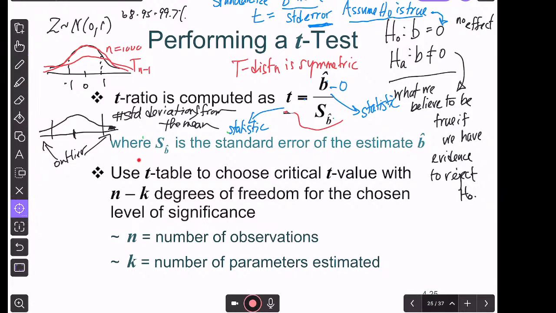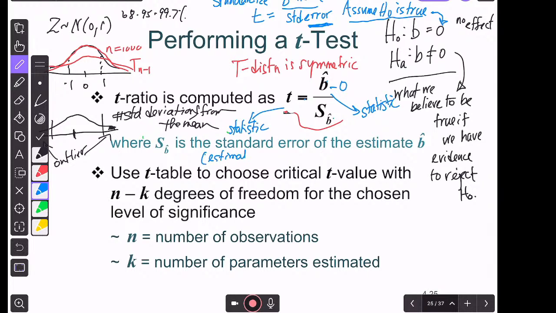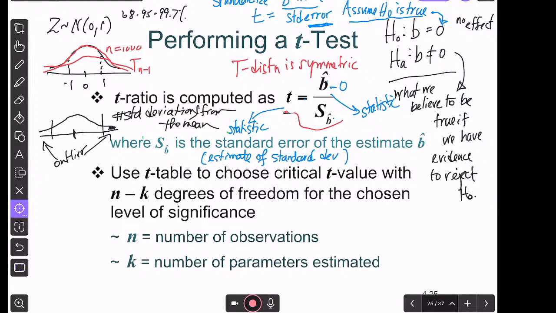So SB is the standard error of the estimate B hat, so that's like a standard deviation. You need to use the t-table to choose the critical value of t.